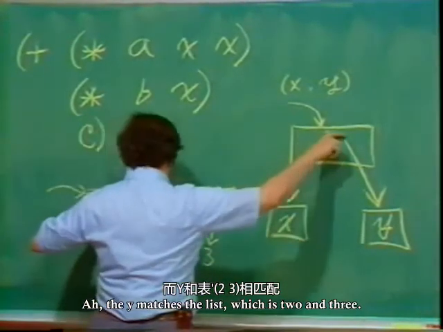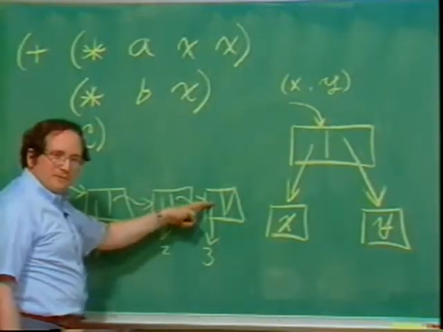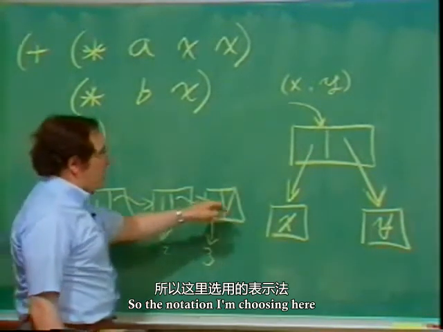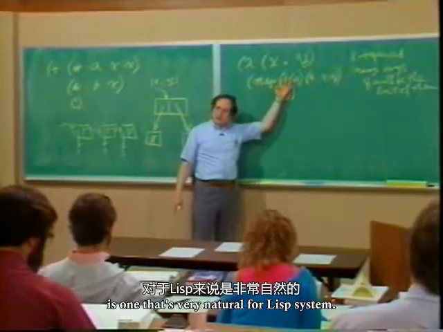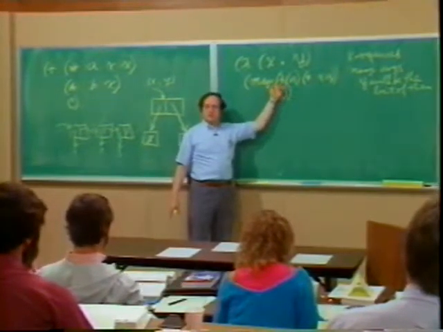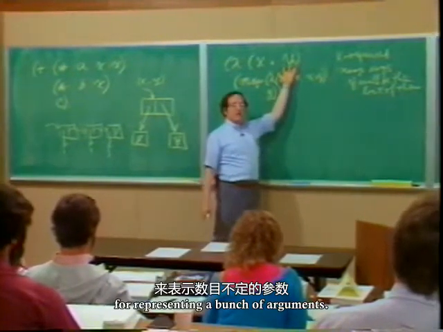Huh. The y matches the list, which is 2 and 3. So the notation that I'm choosing here is one that's very natural for the Lisp system. But I'm going to choose this as a notation for representing a bunch of arguments.